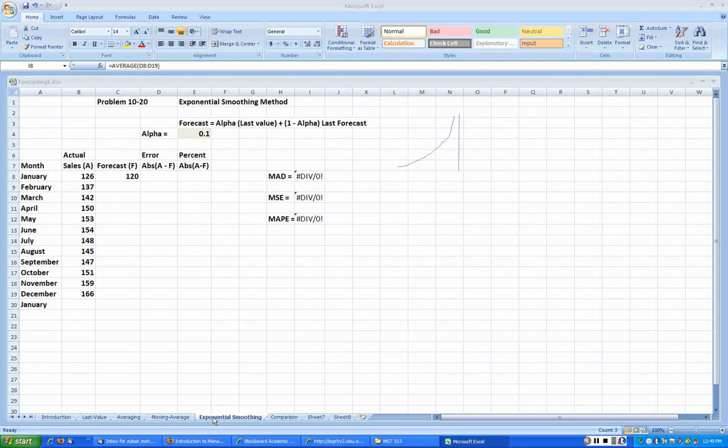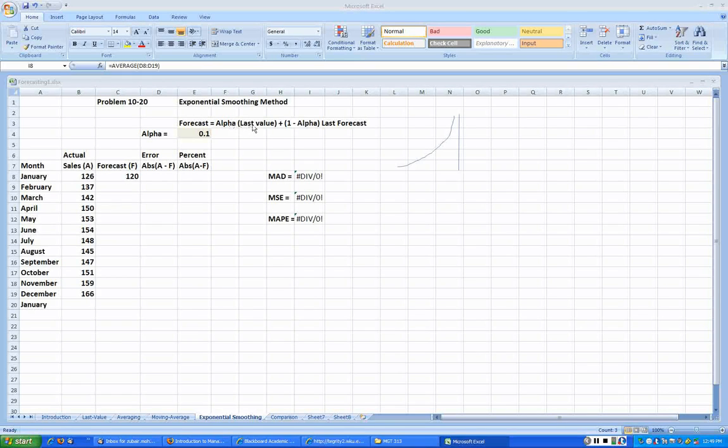What is exponential smoothing? The forecast for the following period is alpha, the smoothing constant, times the last value. What was my actual sales yesterday? In other words, the forecast for today is my actual sales that happened yesterday. Take a portion of that, because that's the alpha, whose value is between 0 and 1.